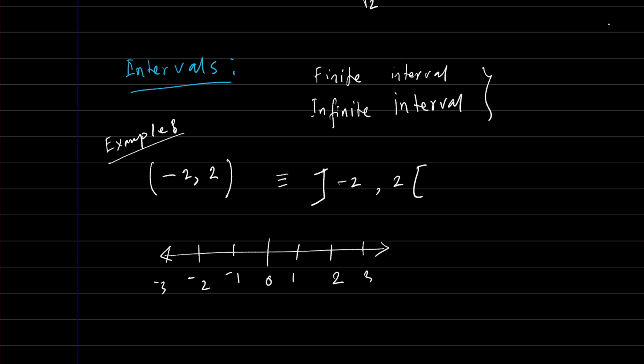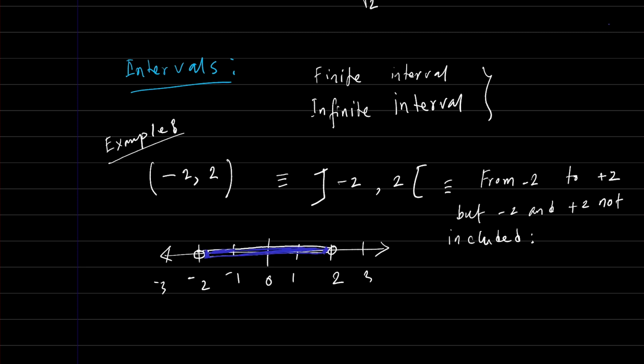Here we can see that this is from minus 2 to plus 2, but neither of these values are in this interval, starting after minus 2 up to plus 2. So this is our open interval because the endpoint is not included in the interval.